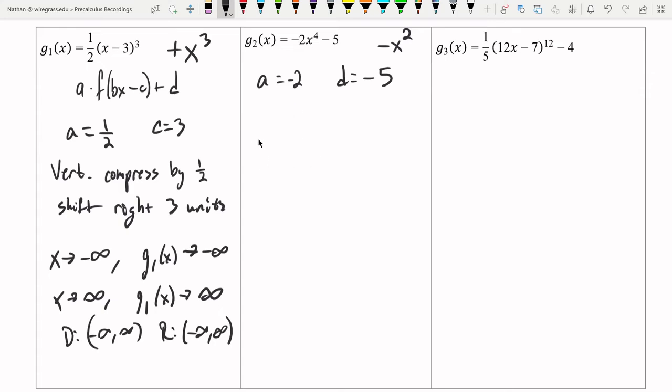So we know this is going to be a vertical flip and stretch by a factor of 2. And then it's going to be a shift downward by 5 units.